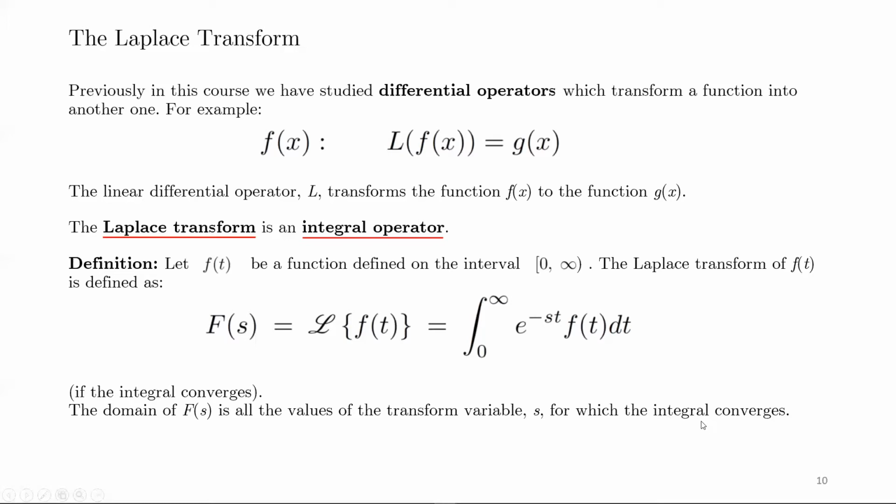So the key point here is that we get a new function, capital F, which is a function of a new variable s, okay, and this operation, taking the Laplace transform of this function f of t, is fine as long as this integral converges. If the integral doesn't converge, then we have problems.